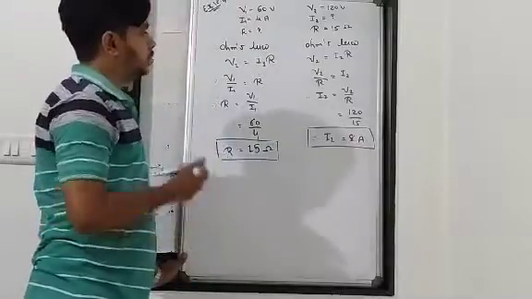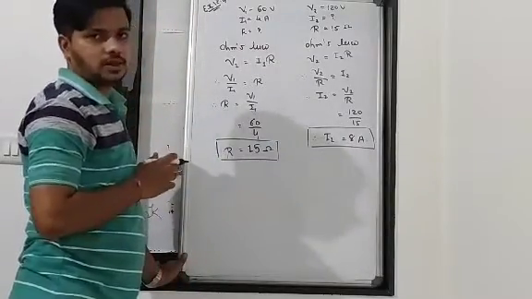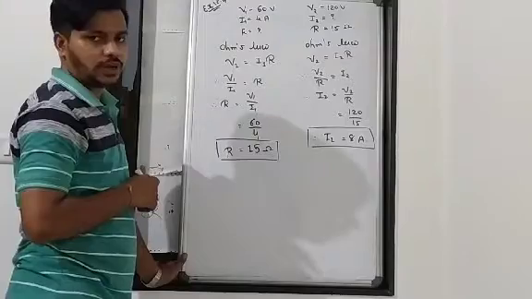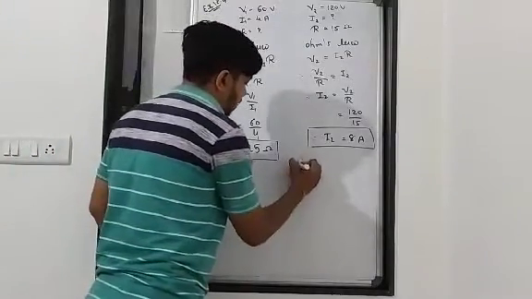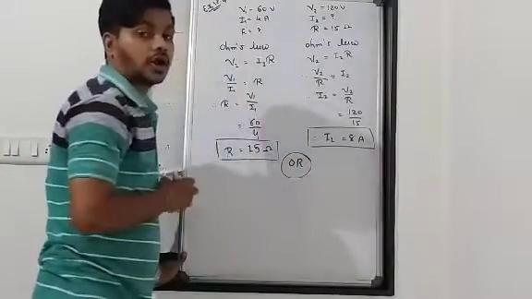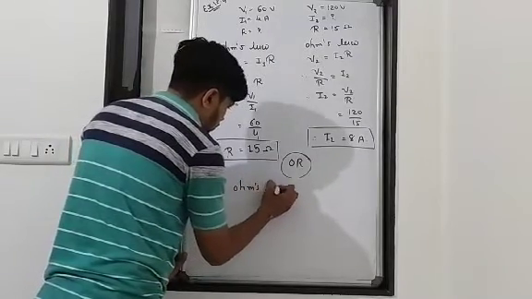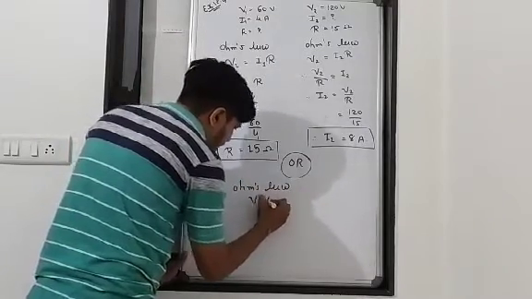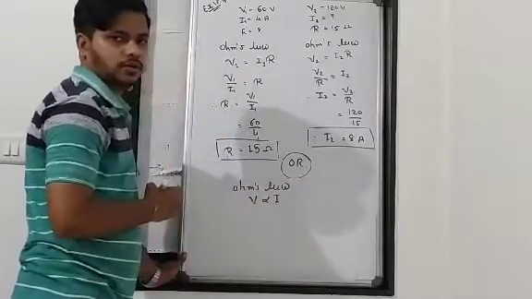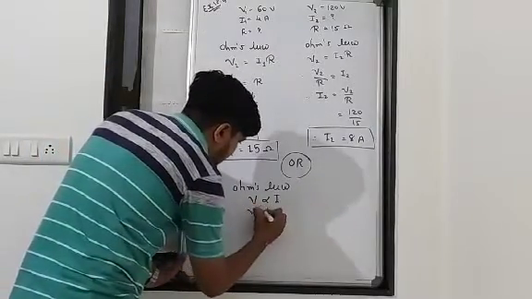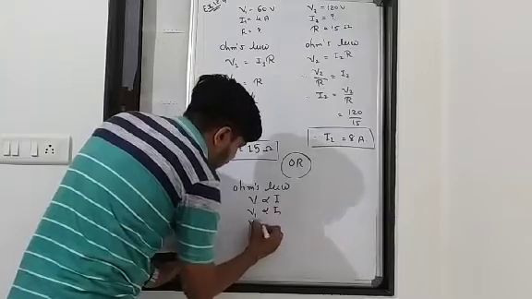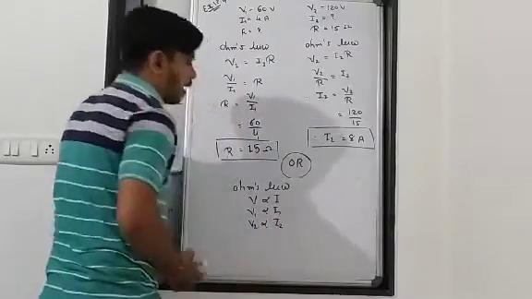If you want to do it by this method, then you can use it, or you can use another method. As we know, according to Ohm's law, V is directly proportional to I. So we can say that V1 is directly proportional to I1 and V2 is directly proportional to I2.